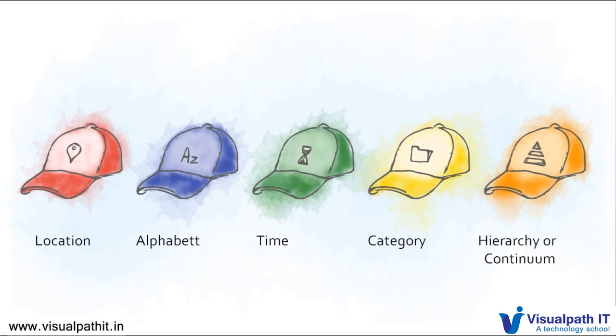Information may be infinite, however the organization of information is finite, as it can only be organized by LATCH, which stands for location, alphabet, time, category, or hierarchy, or you can say continuum. It was said in 1996.